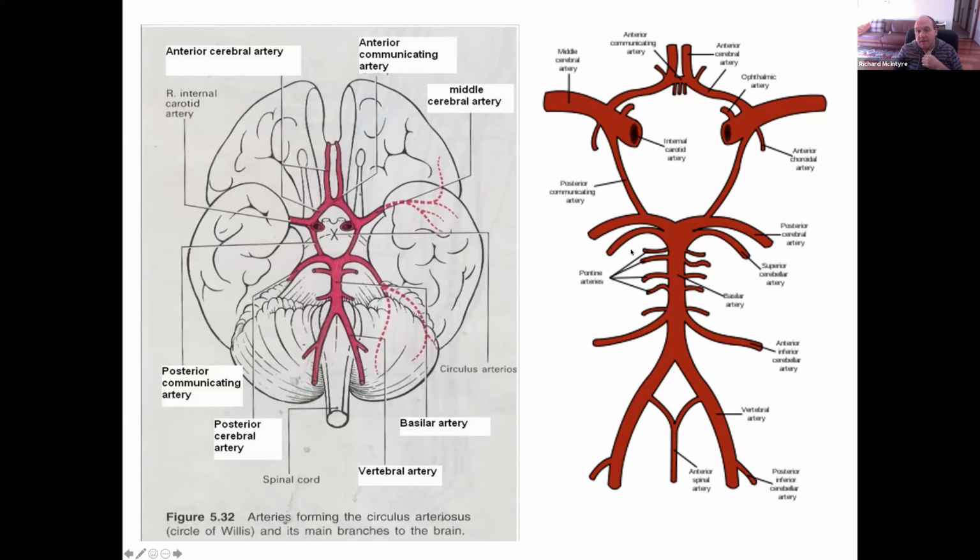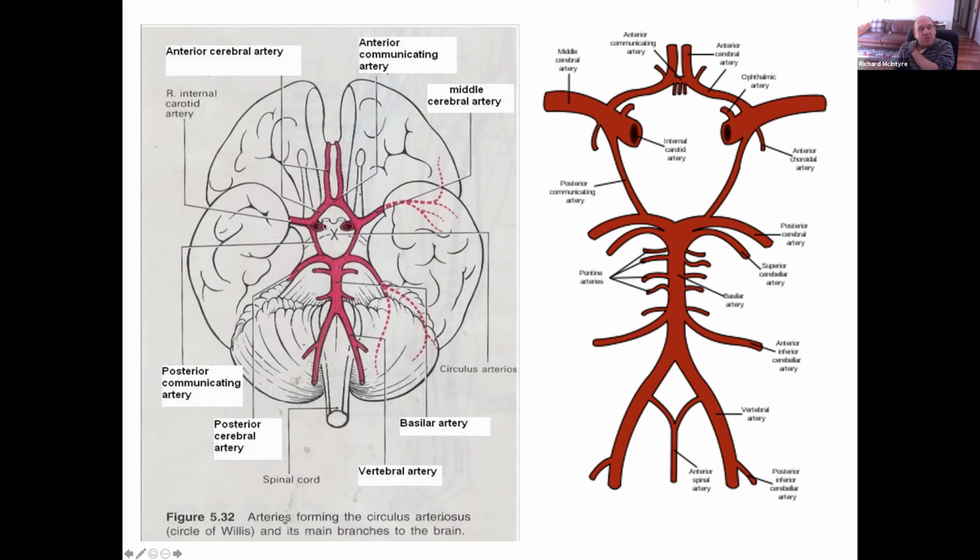And of course the pontine arteries. So we know they come up from the neck and they meet at the circle of Willis. And then we have the posterior cerebral arteries. We know at the front we have the anterior circulation.